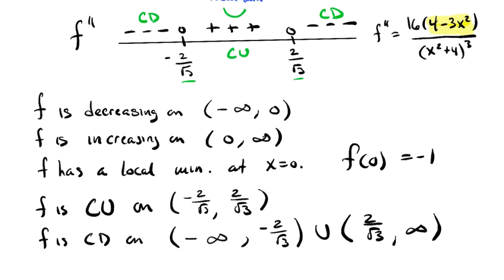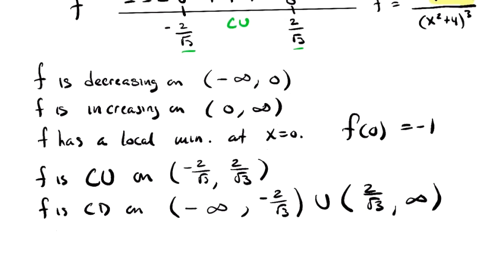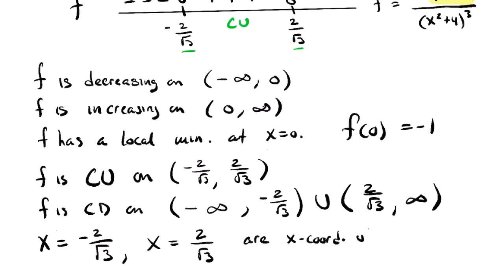And then finally, we have inflection points. x equals negative 2 over root 3 and x equals positive 2 over root 3 are the x coordinates of the inflection points. Sorry for the abbreviations, but I'm running out of room.